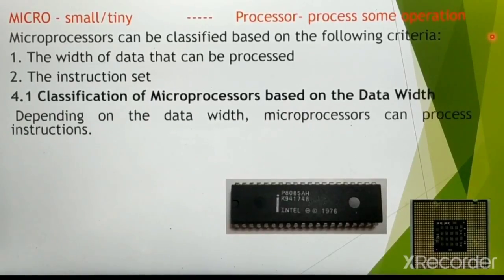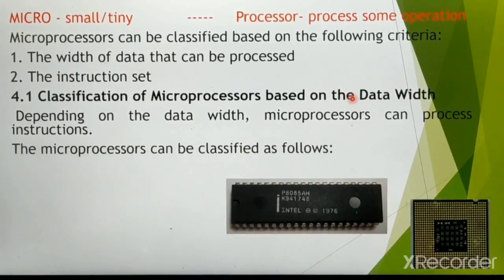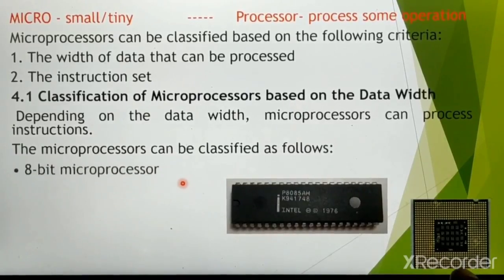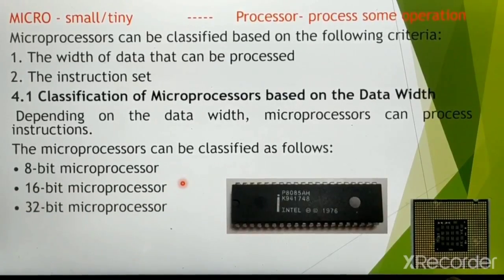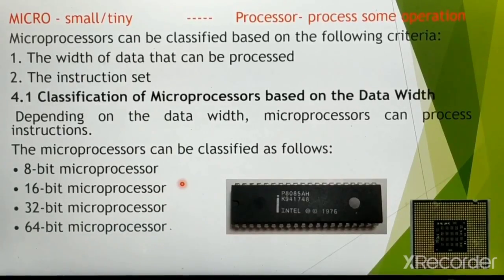Based on this data width, we classify the microprocessor. Depending on the data width, microprocessors can process the instructions. Here we have classified the microprocessor into 4 types. Number 1, 8-bit microprocessor. Number 2, 16-bit microprocessor. Number 3, 32-bit microprocessor. And the last one is 64-bit microprocessor.